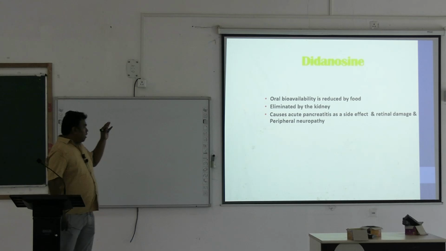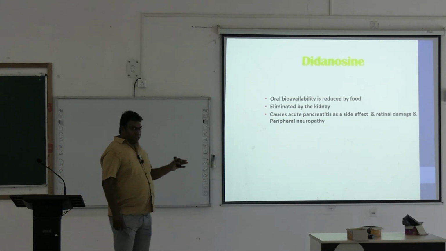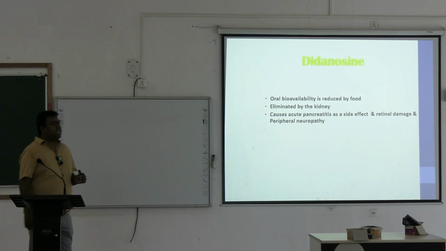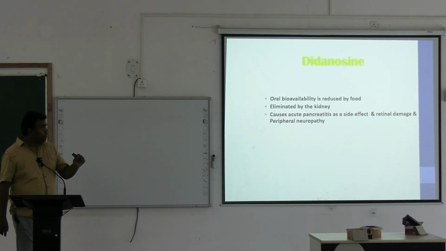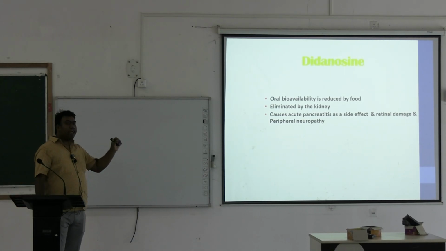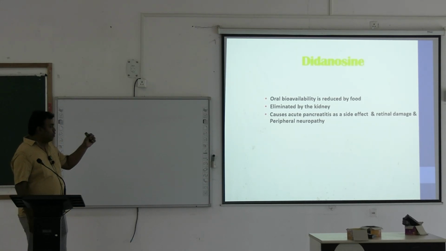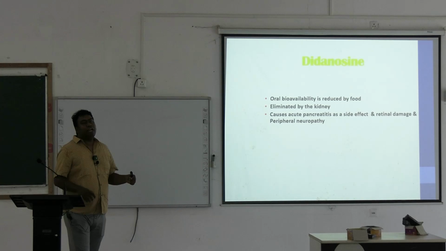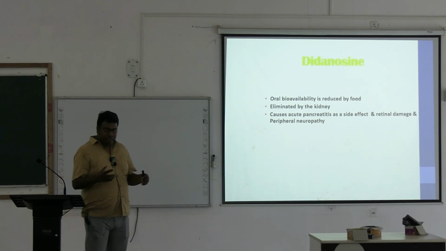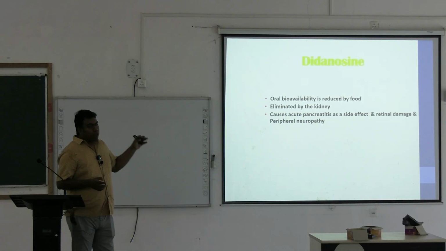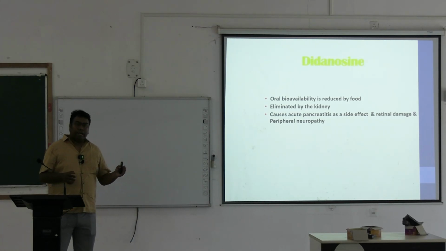Didanosine: bioavailability is reduced by food, eliminated by the kidney, and important for MCQ purpose, it can cause acute pancreatitis. So if a patient receiving didanosine has severe upper abdominal pain which is relieved by sitting up, we have to investigate for amylase and lipase.